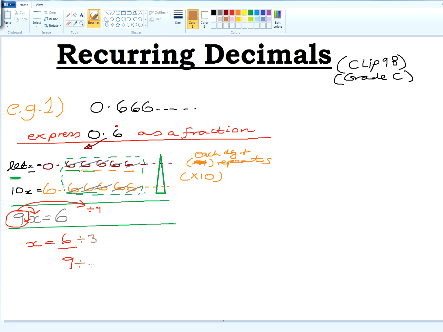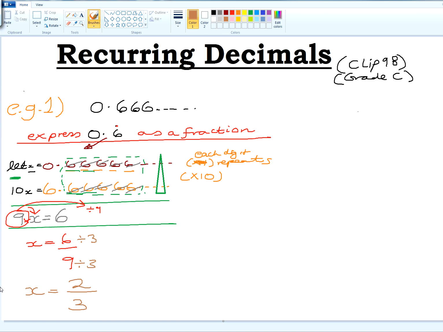The biggest number we can divide top and bottom by is 3. So we say x is finally equal to 2 over 3. So 0.66666 or 0.6 recurring can be expressed as a fraction: x is equal to 2/3.